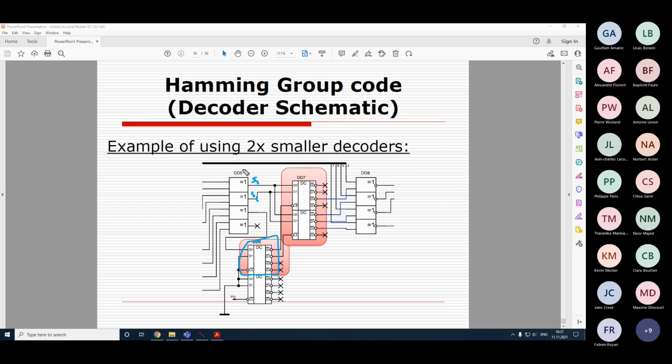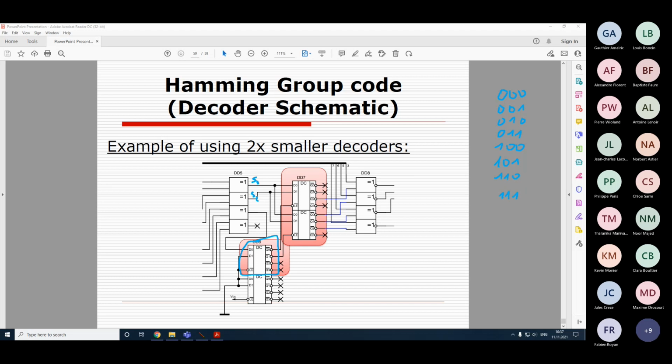If I write down all my syndromes, then it's from 0, 0, 0, 0, 0, 1, 0, 1, 0, 0, 1, 1, 1, 0, 0, 1, 0, 1, 1, 1, 0, and 1, 1, 1.